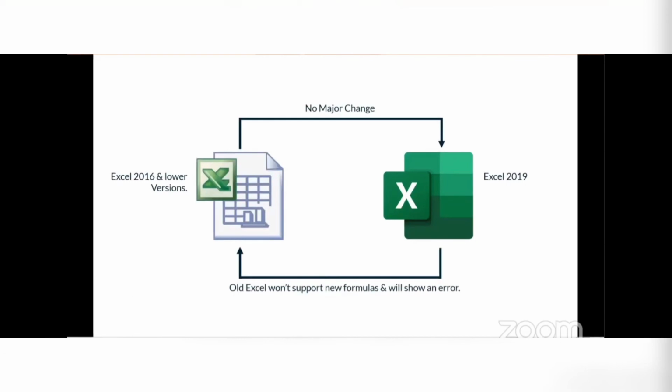Here we have first a person using 16 or lower versions sending a file to you. If someone gives you a file from 16 or lower version and you are using Excel 2019, then there will be no major change. I'm not going to say there will be no change. There will be small changes here and there, but nothing major which will actually affect your work.